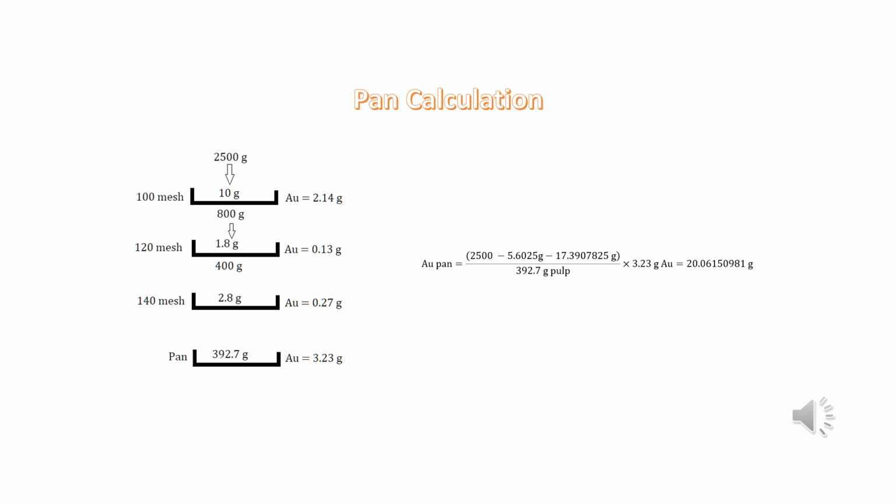That total you divide by the 392.7 grams of pulp. Then, in order to estimate the amount of gold that would have been in that pan, you times that by the amount of gold that you analyzed, the 3.23 grams, and you end up with 20.0615 grams of gold. You record that amount as well.